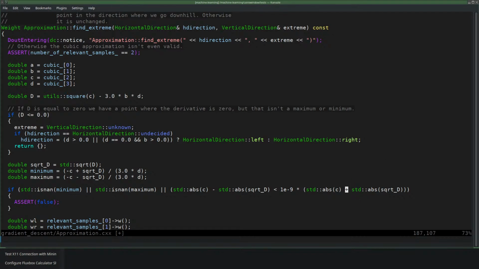But then, of course, you can still have the problem that they are exactly the opposite value of each other. This one's always positive, right? It's a bloody square root. Why am I taking the absolute value of that?